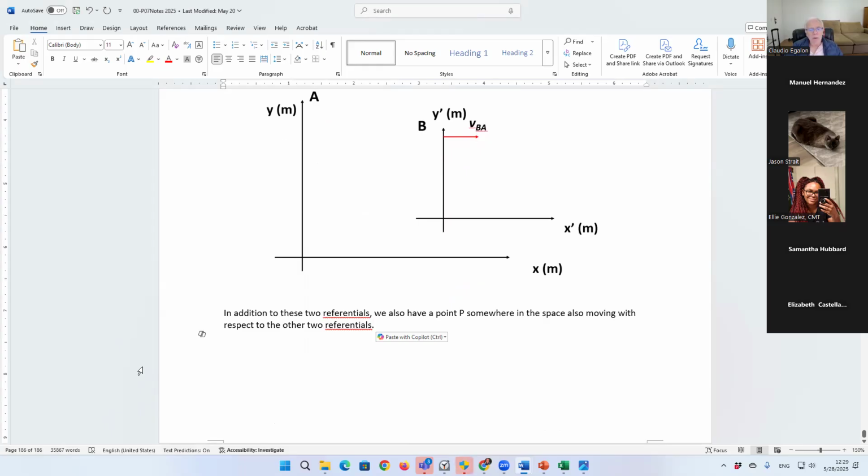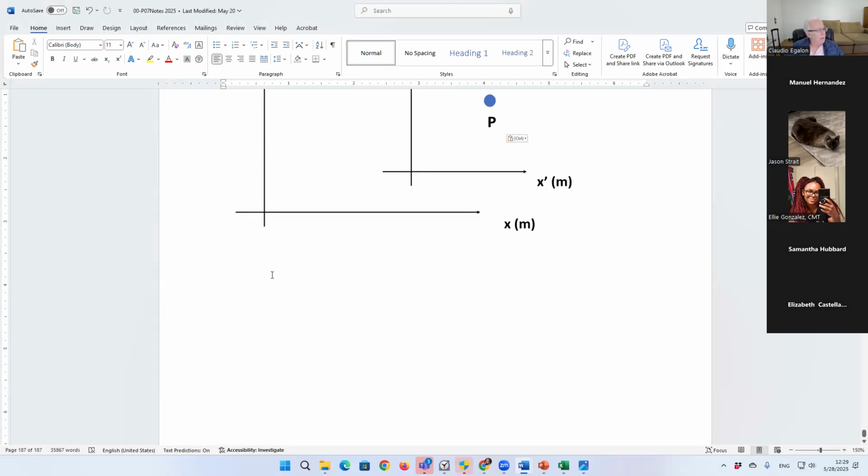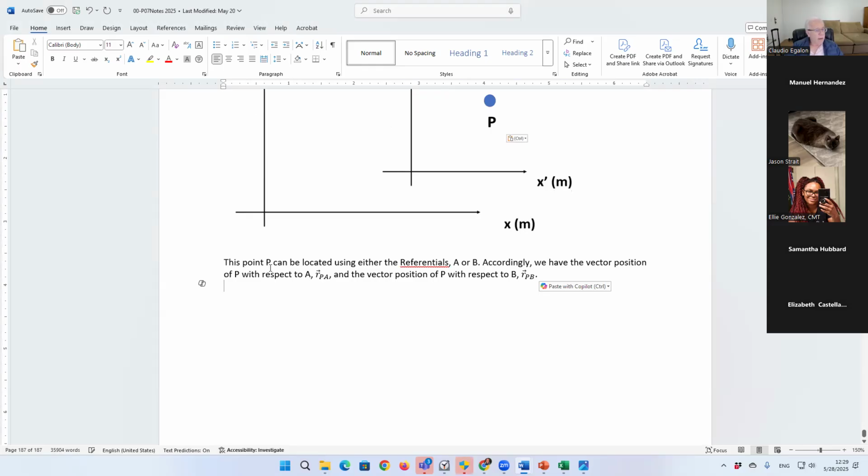The point P can be, for instance, an airplane that the two observers in referentials A and B are observing, and it's moving on its own. I didn't put the velocity here. This point P can be located using either referential, A or B.